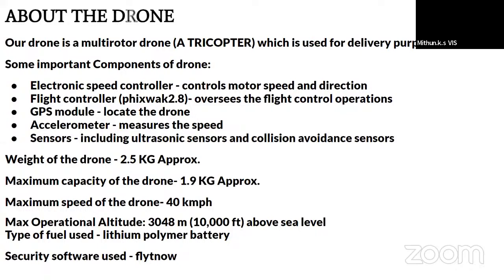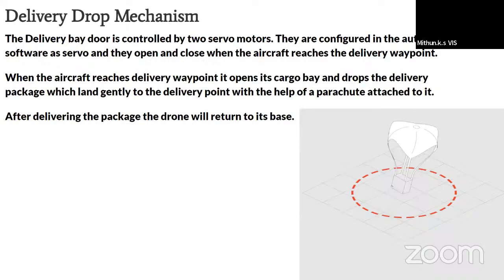The fuel used is a lithium polymer battery, which is also eco-friendly and does not harm the environment or cause any pollution. The security software used is FlightNav. Next, the delivery drop mechanism will be explained by my team member.